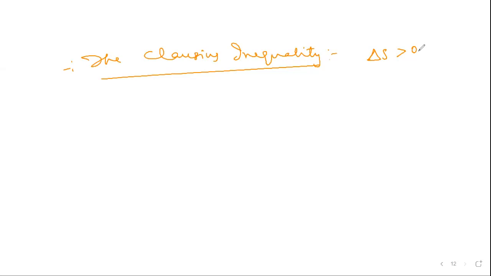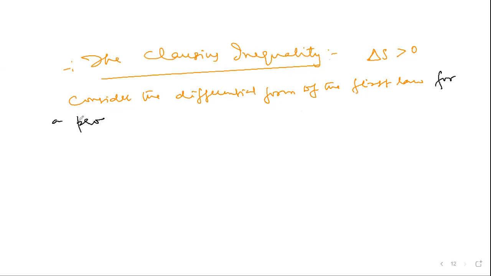So consider the differential form of the first law for a process in which only PV work is possible.